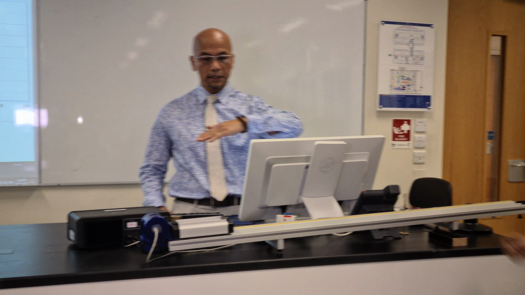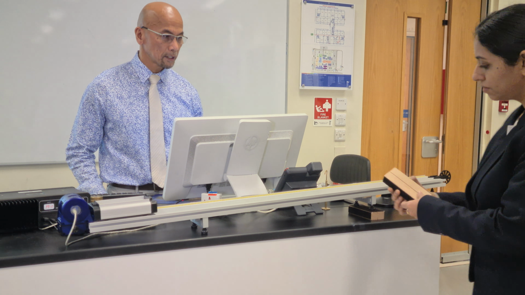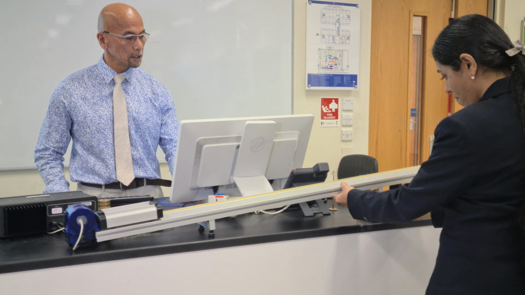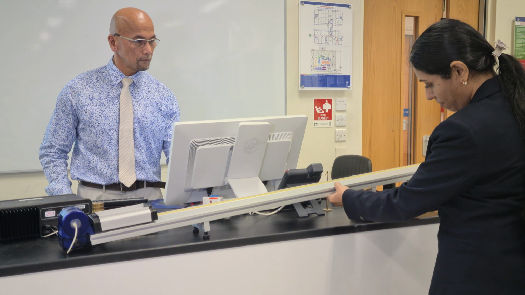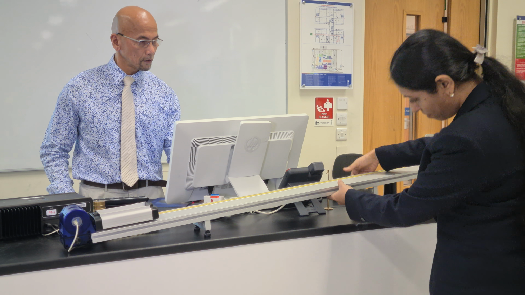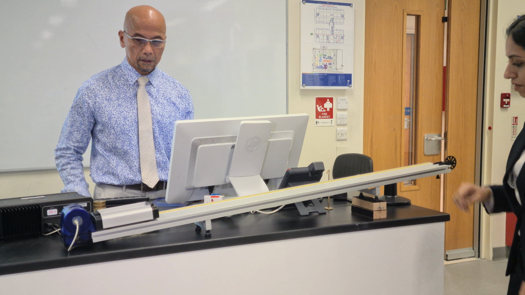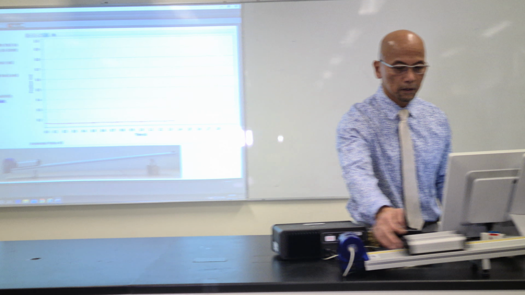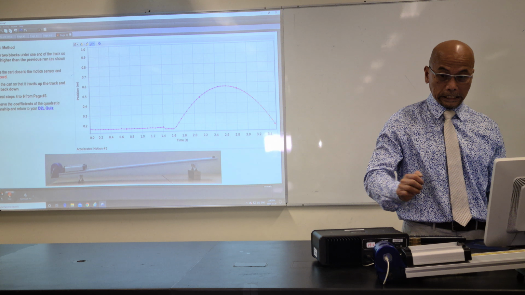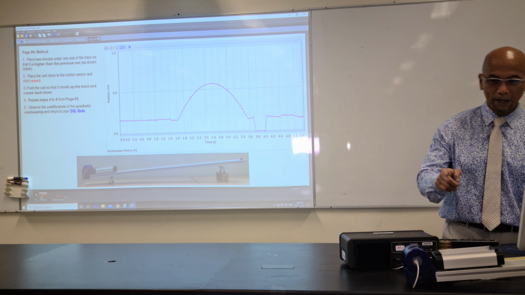This time we'll make it steeper, more steep. The incline is increased. All right, I'm going to record again. Okay, I should have stopped that actually.